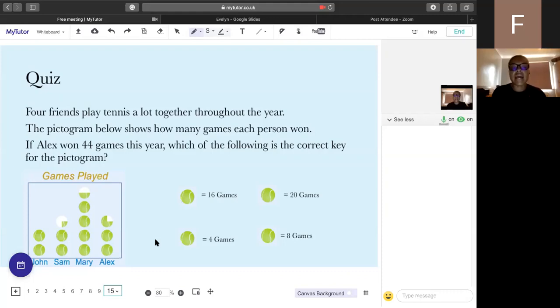So if we look at Alex, we can see that we've got a representation of how many games he won using tennis balls. Now, if we split each ball into quarters, then we could count how many quarters of a ball we have and equal that to 44, and then work out how much 1/4 of a ball equals in terms of games. So we split each one into quarters.